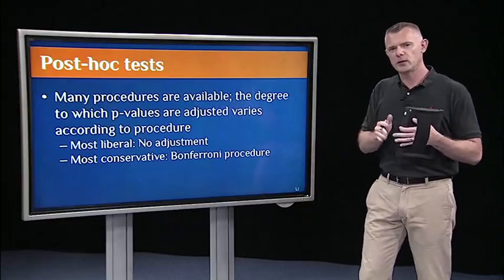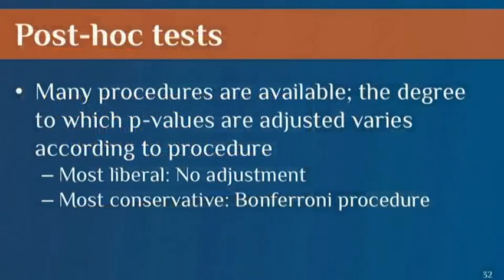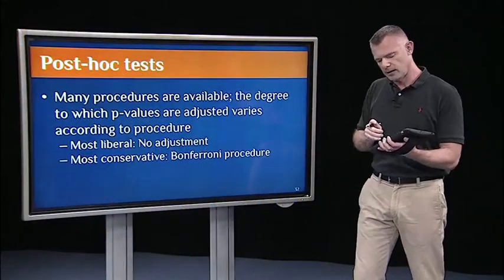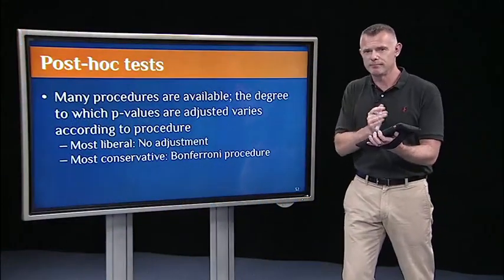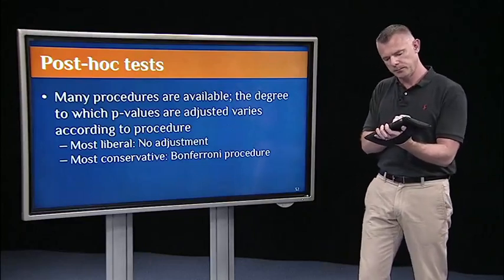I'll talk about a few and how they differ and why. Again, the most liberal would be to do no adjustment, which is sort of inappropriate. The most conservative is Bonferroni's procedure, which is a relatively well-known procedure, if not often used. It's maybe not as often used as Tukey's because it's so conservative.